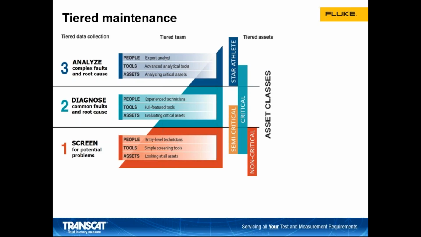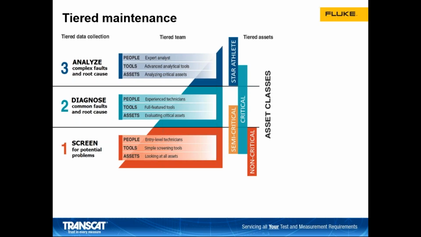And we would be using entry-level technicians with simple screening tools. So if you've got 5,000 machines, let's not try to analyze all 5,000 machines. We don't have the resources for that. We don't have enough experts for that. Let's start with entry-level technicians using simple screening tools looking for potential problems.